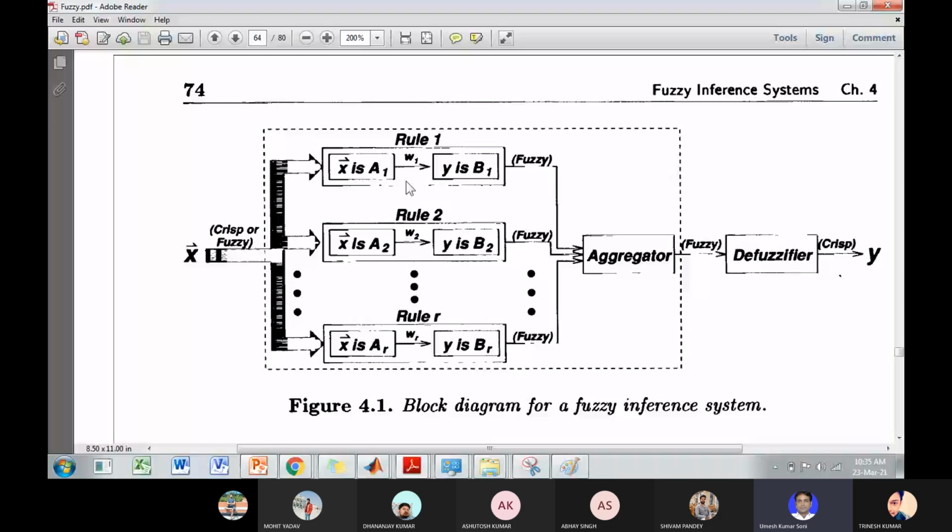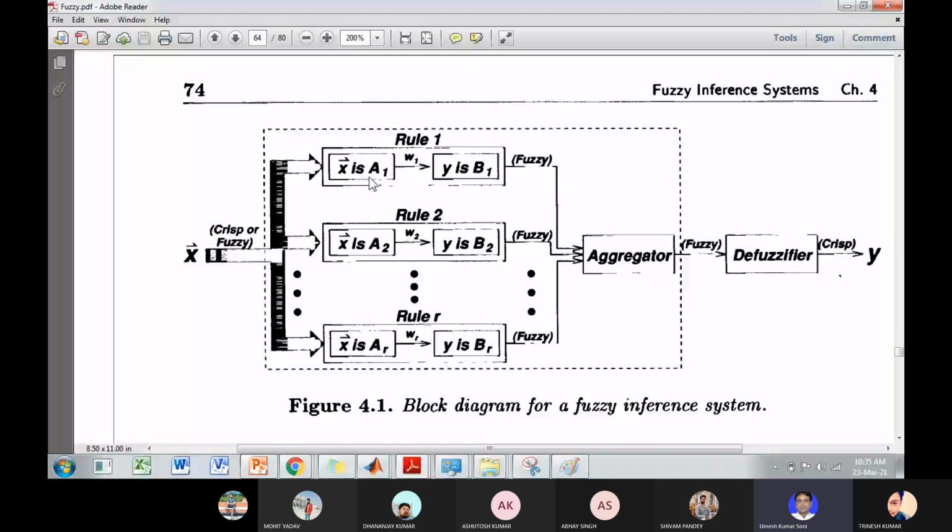There are different parts of the antecedent. Suppose x is a1 and m is m1. There can be a large number of inputs, and a large number of AND and OR operators.